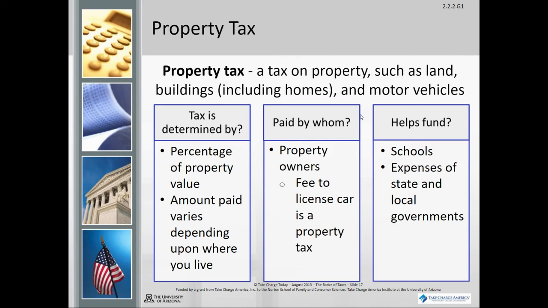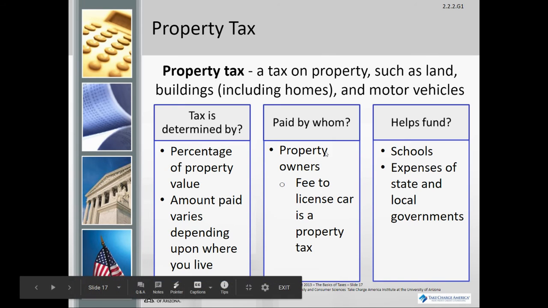Property taxes next. Property tax is a tax on property. So that's land, buildings, your home, motor vehicles, which can include, of course, vehicles, but also boats, ATVs, motorcycles, things like that.